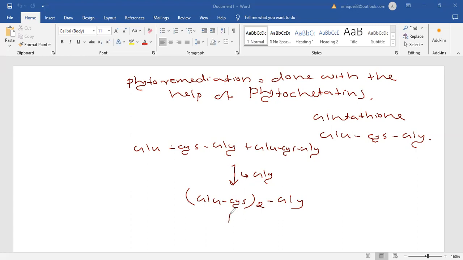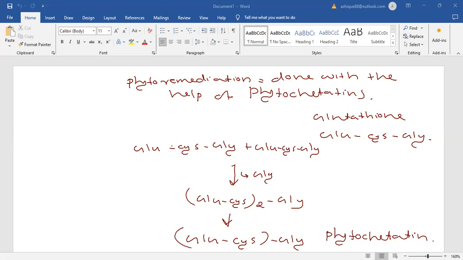This compound is known as phytochelatin.